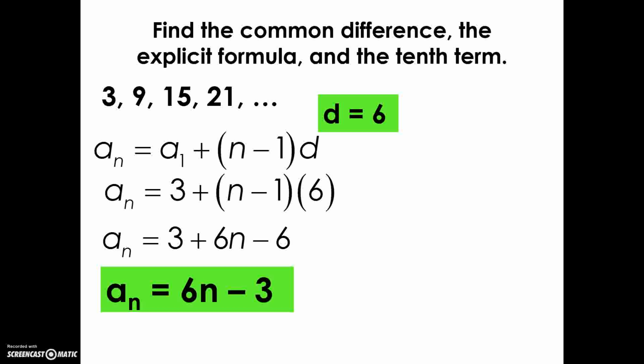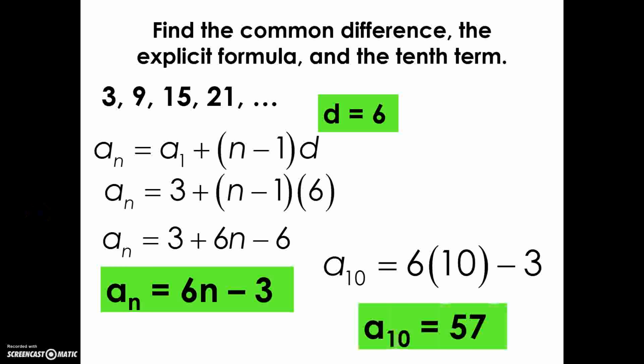The final answer is 6n minus 3. Then if I want to find the 10th term, I have to plug 10 in for n, and 6 times 10 minus 3 is 57.